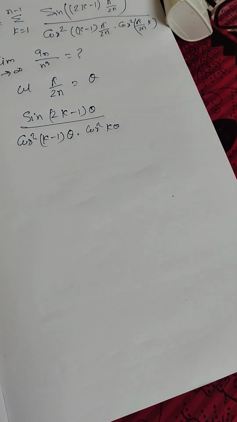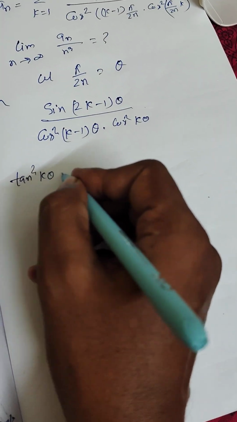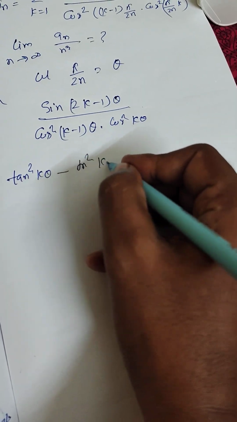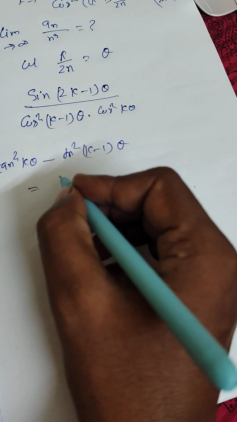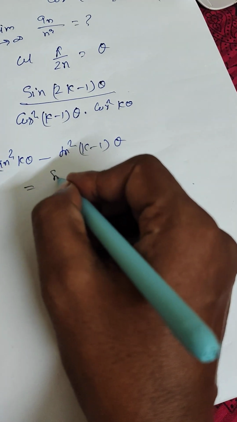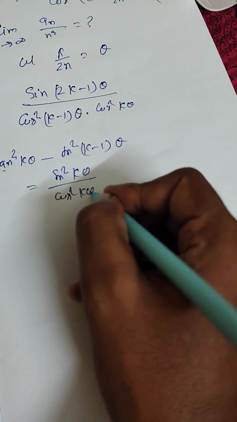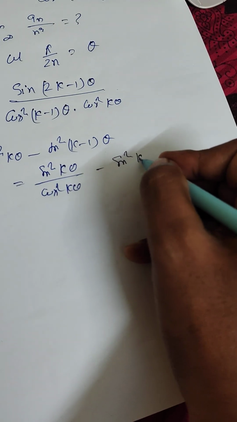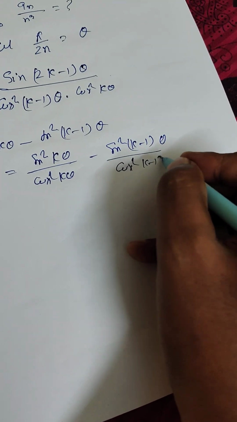Now one formula remember for this question: tan square k theta minus tan square (k minus 1) theta. Write this down: sin square k theta by cos square k theta minus sin square (k minus 1) theta by cos square (k minus 1) theta.